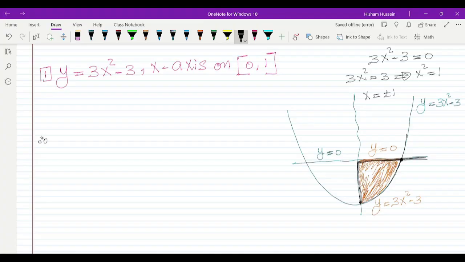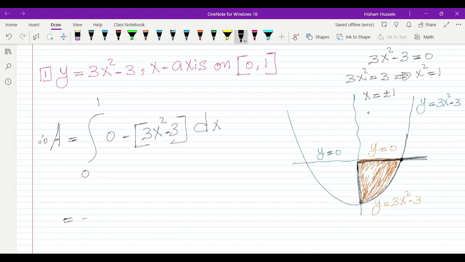So the area now will be the integration from x equals 0 to x equals 1. The upper curve is 0, the lower curve is 3x squared minus 3, dx. Now evaluate the integral. Negative, factor it out.